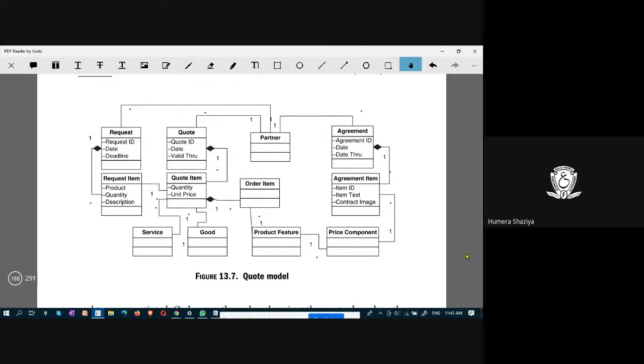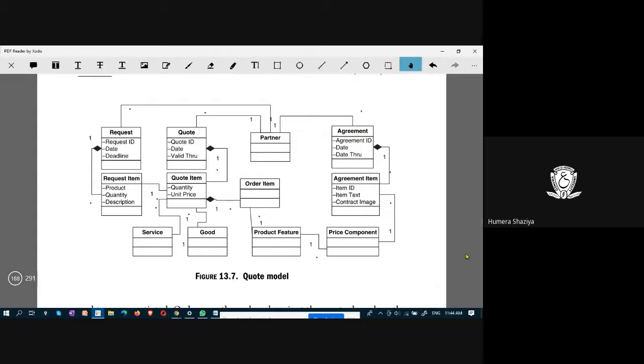Quote model: when there is a request for an item, through quote item, a quote is created and submitted to a partner, and then an agreement is established between the partners, meaning the one who gets that tender or quote, and the one who is giving the order.